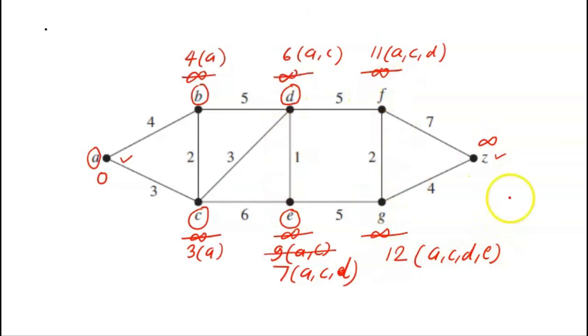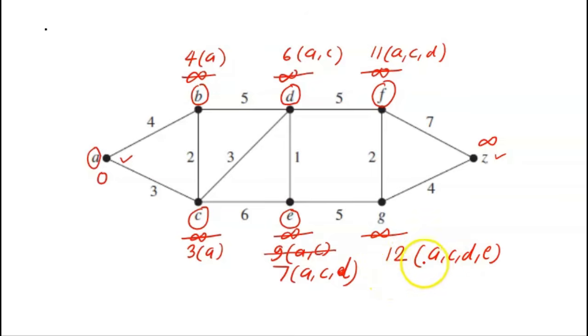Now, out of all those vertices which are unblocked, we see that the smallest weight is assigned to F. So next we are going to block the vertex F. Now from F we have two possibilities. One, we can move to G, and another we can move to Z. If I move from F to G, the distance will be 11 plus 2, that is 13.